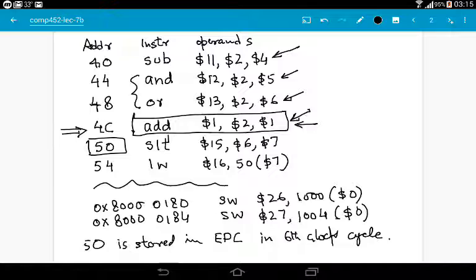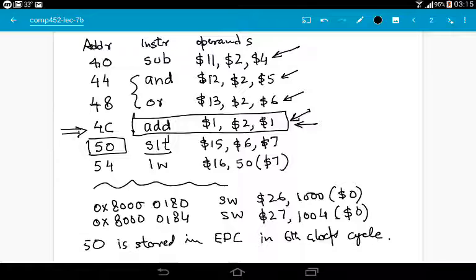So in the sixth clock cycle arithmetic overflow is detected, and EPC is filled with 50 hex, which is the address of this SLT instruction.